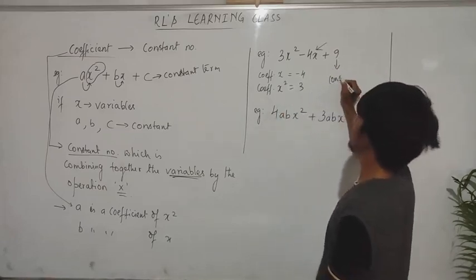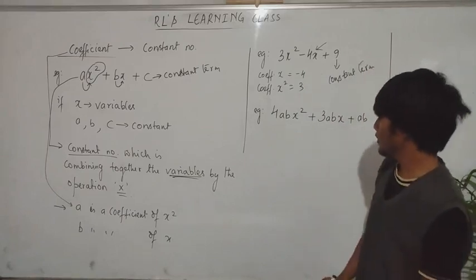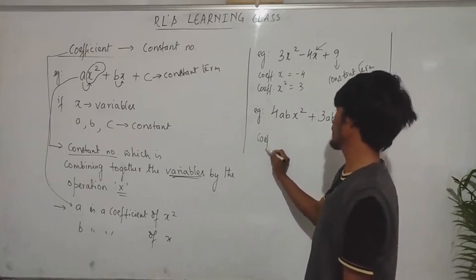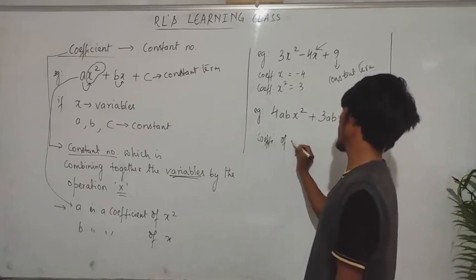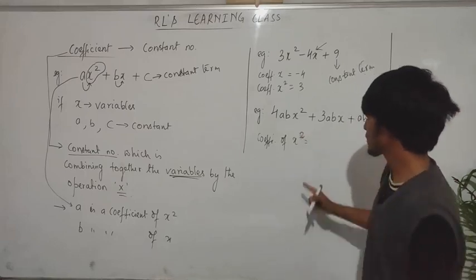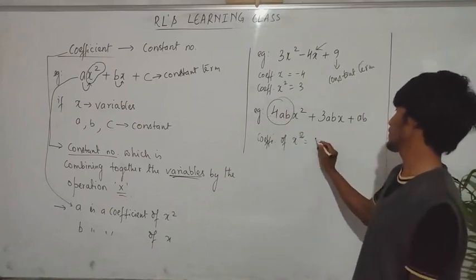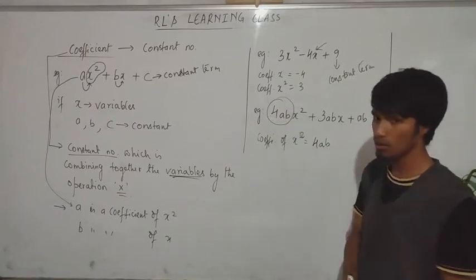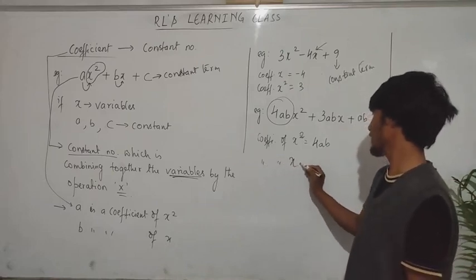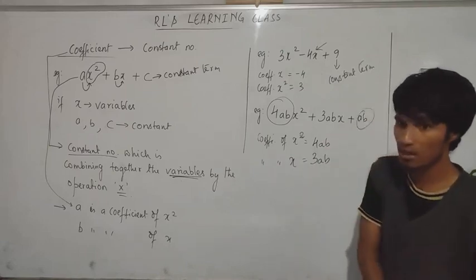And if I take another, what's the coefficient of x squared? The coefficient of x squared here will be 4ab. The coefficient of x will be 3ab. Then this ab will be the constant term.